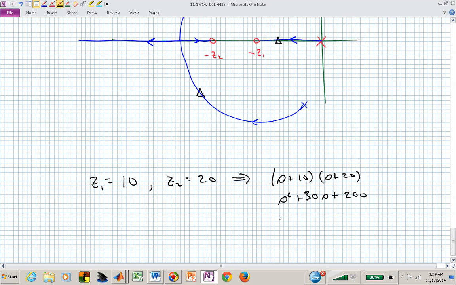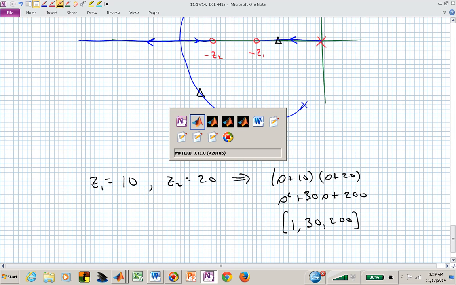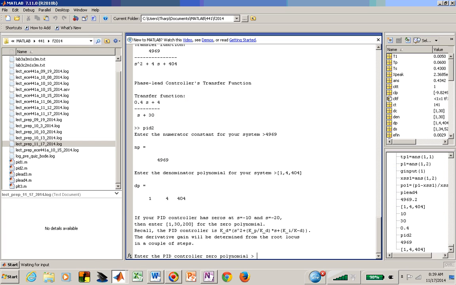And so the polynomial that I'm entering into Matlab for that particular numerator polynomial of my controller is going to be 1, 30, 200. My zero polynomial then is 1, 30, 200.